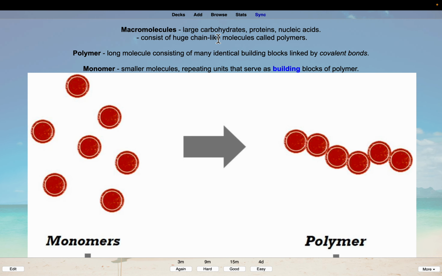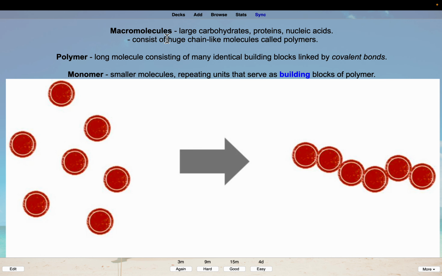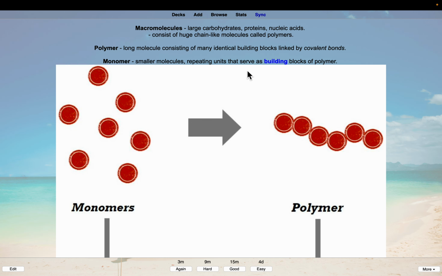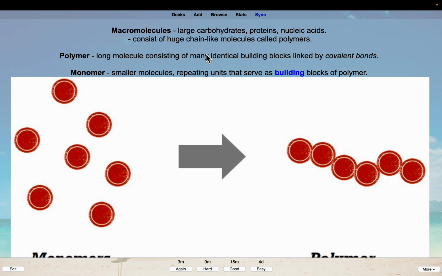Okay, we haven't seen this card yet. Macromolecules. Macromolecules are large carbohydrates, proteins, and nucleic acids. They consist of huge chain-like molecules called polymers. I know this flashcard is a little repetitive already. We've already mentioned these terms earlier, but Anki is for memory retention after all.